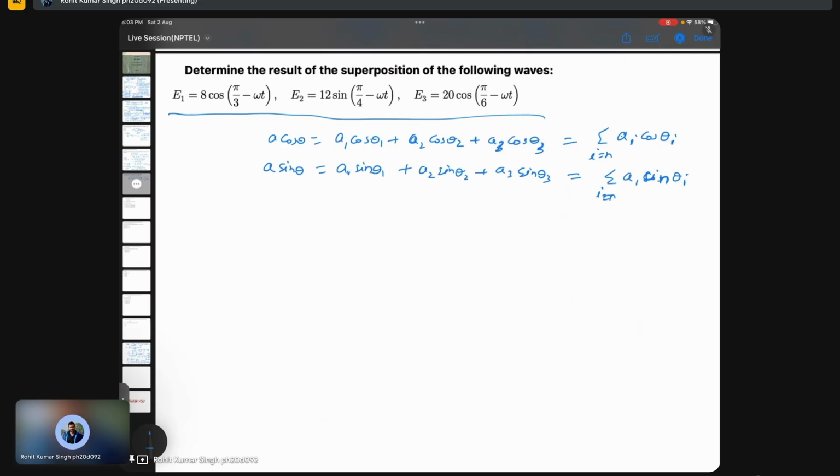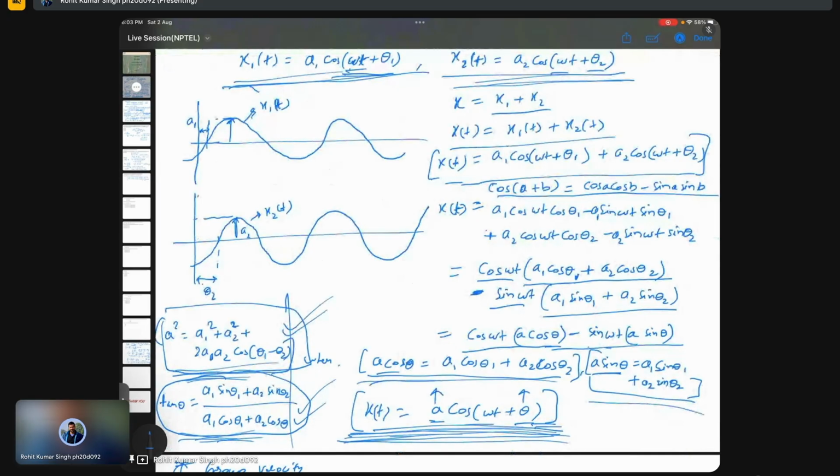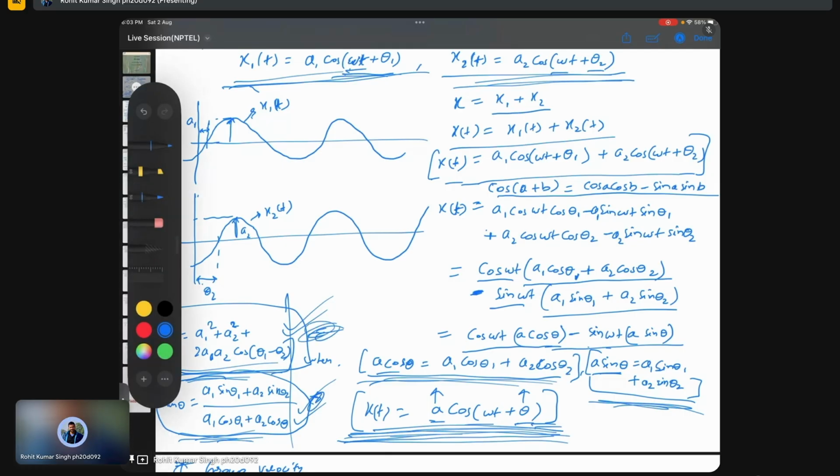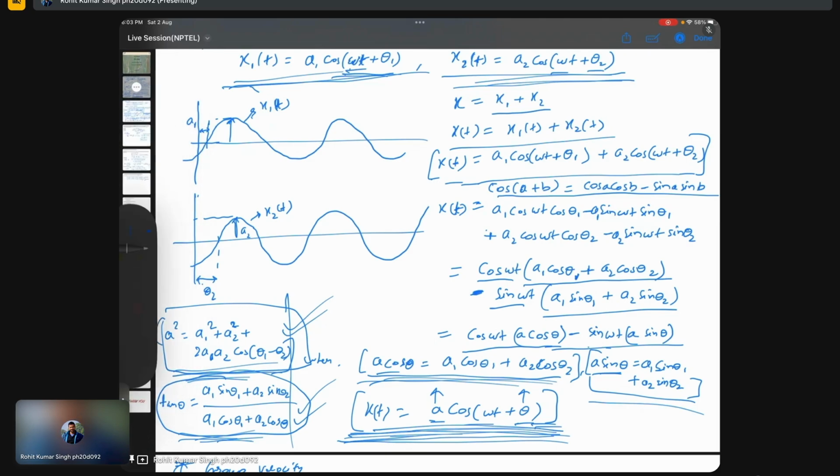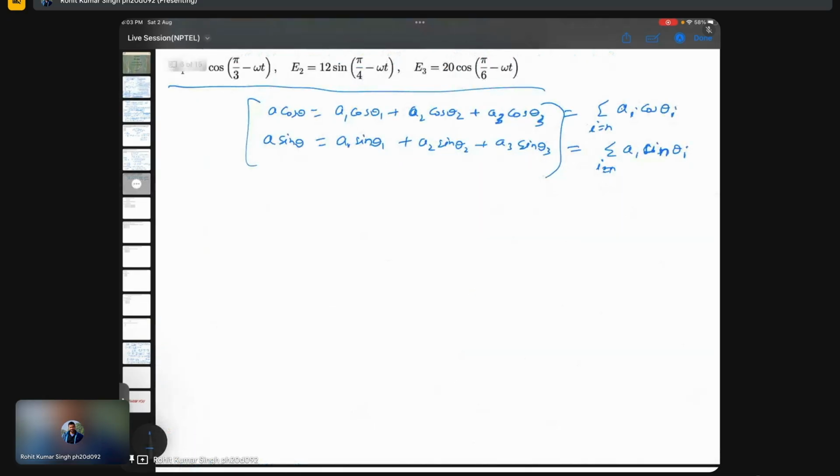So it doesn't matter if you have 3 or 4, you can find everything using these general formulas that we derived. For two waves we got these equations, but in general we can use them for any number of waves. That you have to understand, and then you can find out everything.